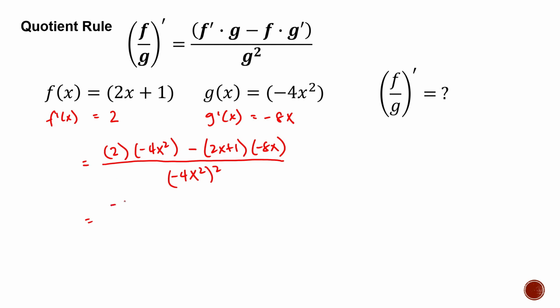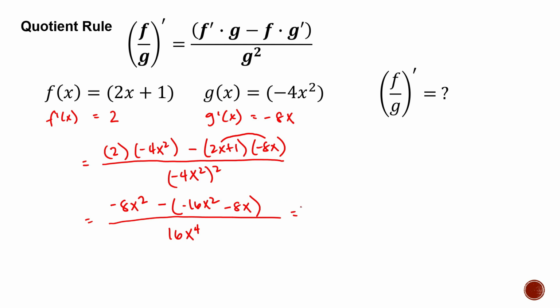So this is negative 8x squared minus negative 16x squared minus 8x, all over 16, since negative 4 squared is 16, x raised to 4.